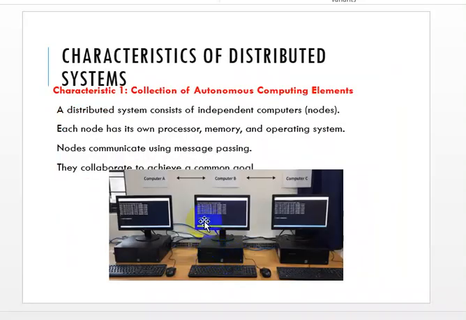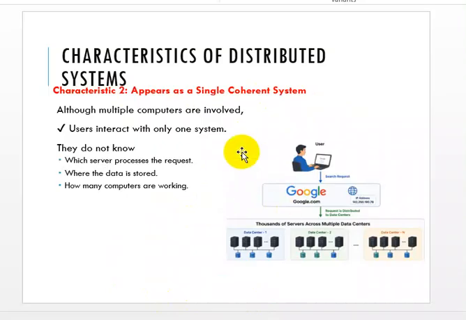So what are the characteristics of a distributed system? A distributed system is a collection of autonomous computing elements. Autonomous elements means every system acts as an autonomous element. The second characteristic is that it appears as a single coherent system.